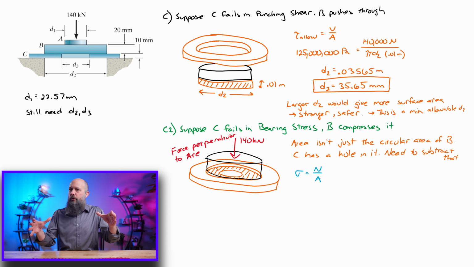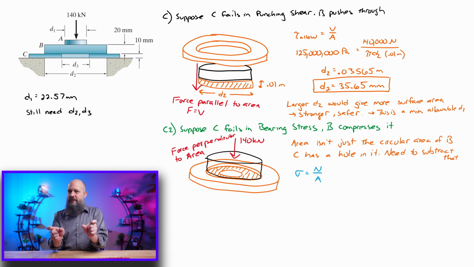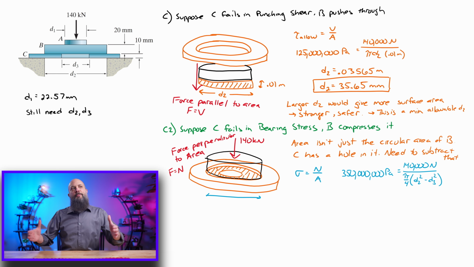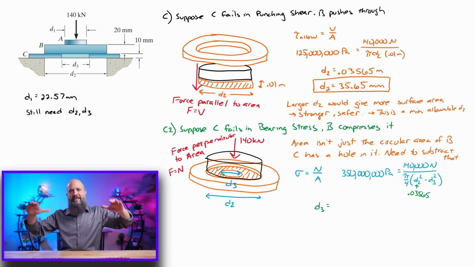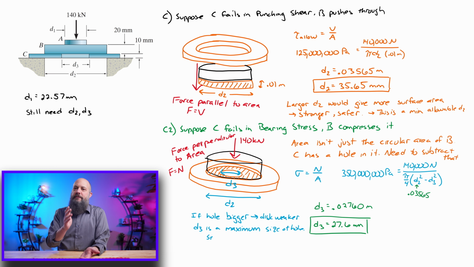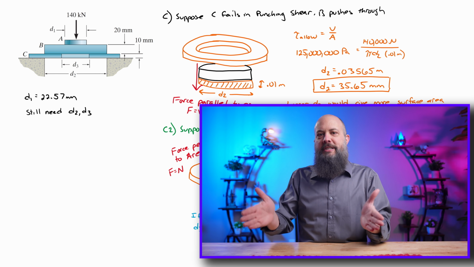The bigger the hole, the less surface area, which means there'll be more stress. So our area this time is going to be the area of a circle minus the area of the hole. So just pi r squared using D2 and then minus pi r squared using D3. This gives a value of 27.6 millimeters for D3, and this is going to be a maximum diameter.